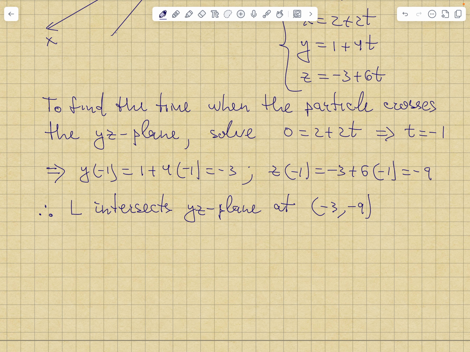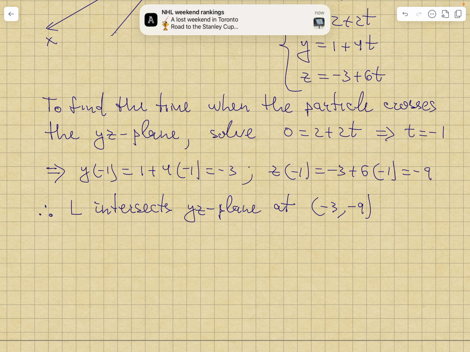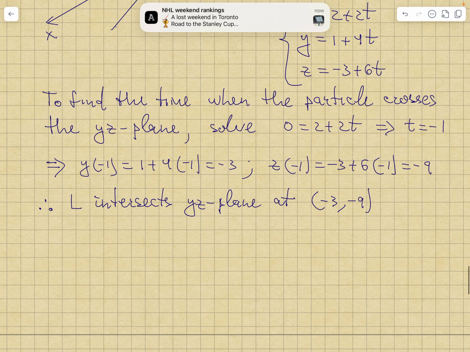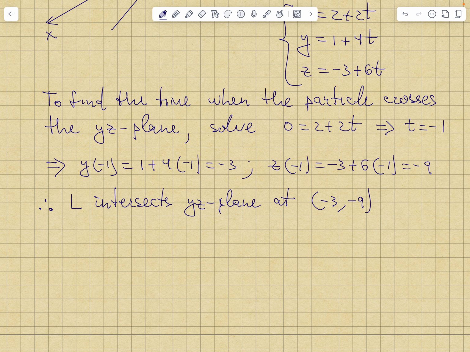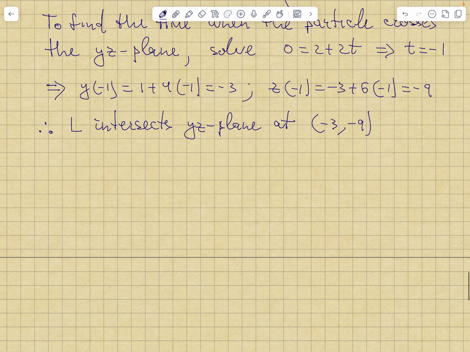Okay, so then the last example is going to be as follows.